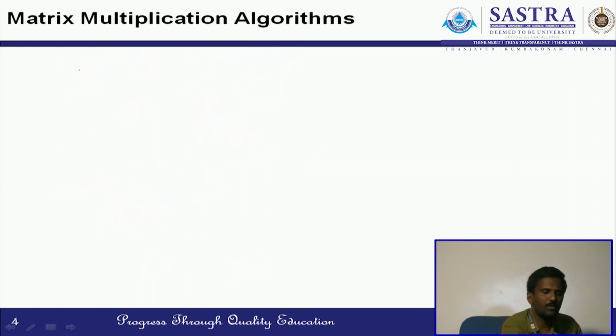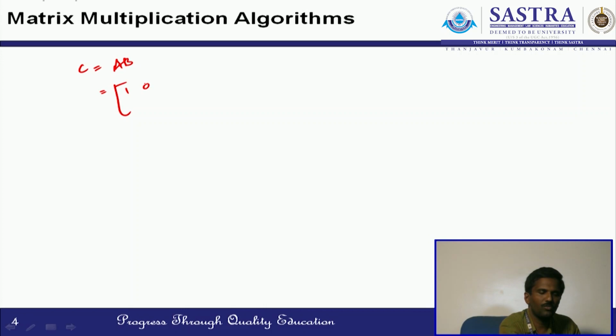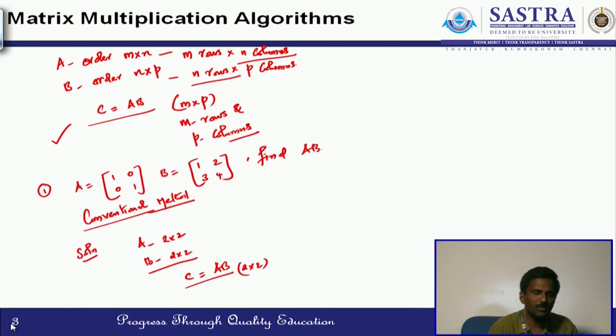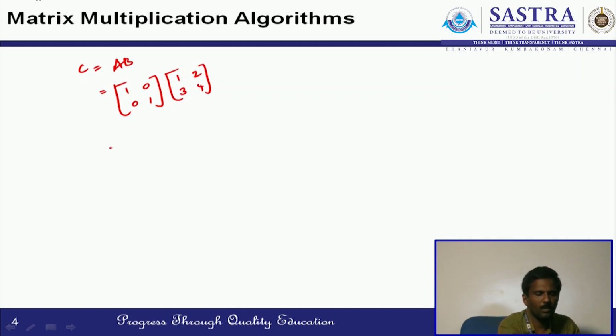Now we can find C equals AB. Matrix A is defined as 1 0 0 1, and matrix B is defined as 1 2 3 4. To apply the conventional method, we take the first row and first column.